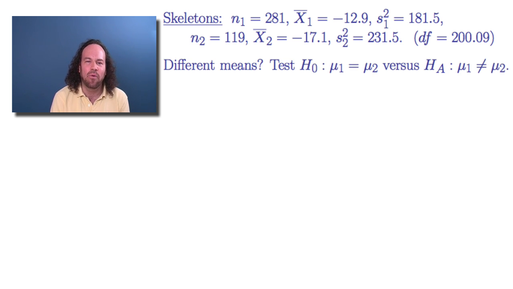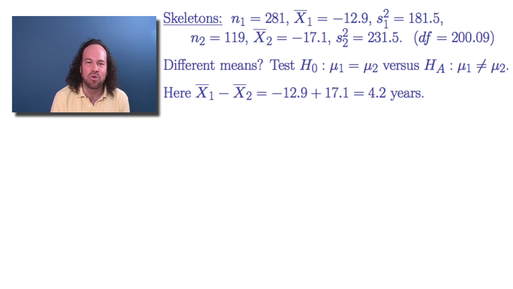And now we're going to do a hypothesis test to see, are the means of these two samples, that is the age differences for the male skeletons compared to the age differences for the female skeletons, equal or unequal? Well, the difference in the sample means, as we already saw, is equal to 4.2 years. But then the question is, does that tell us that mu1 minus mu2 is not equal to 0 either?